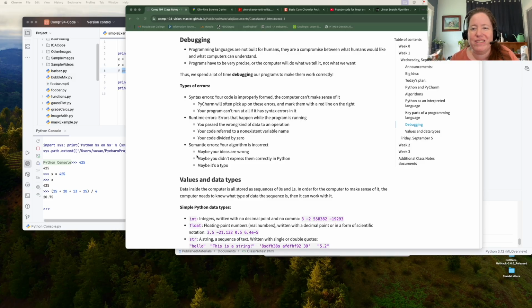So your code is improperly formed and the computer cannot make sense of it. This could be as simple as leaving a dot off, or a colon, or a quotation mark. We have to be exact with where we put all of these markings, and if you don't do that, you will get syntax errors.